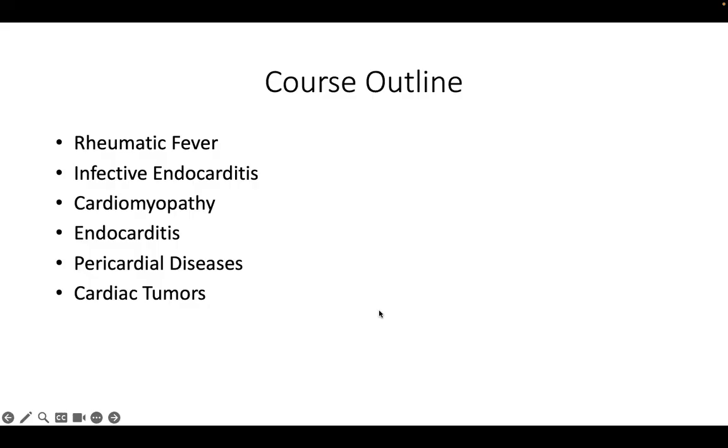This is the course outline of the first part of the cardiology module, and I should be able to cover the following important high-yield diseases. First is going to be rheumatic fever. Then we have infective endocarditis, cardiomyopathy, endocarditis, the pericardial diseases, and lastly, the cardiac tumors.